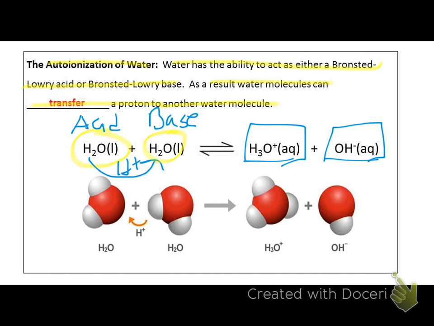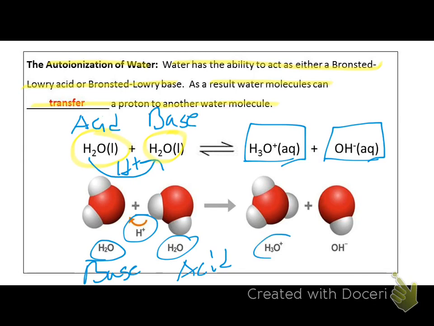And you can see from our model here, this one is the base because it's accepting the proton. This is the acid, and we form our conjugate acid and our conjugate base, the hydronium and the hydroxide ion. And that is what is known as the autoionization of water. Very important for you to understand.